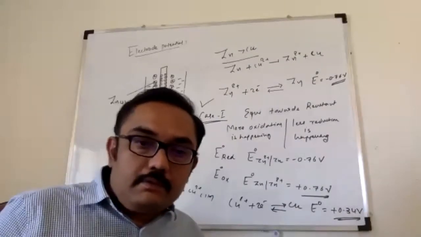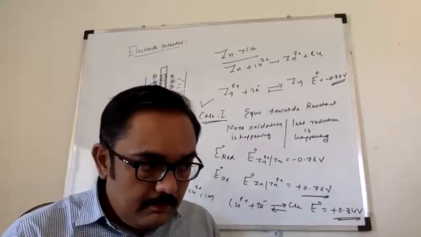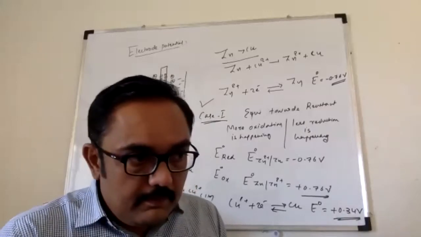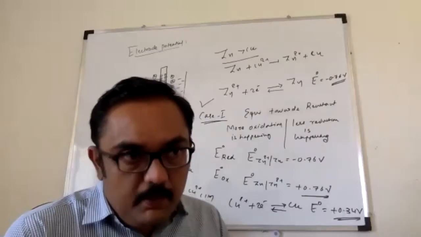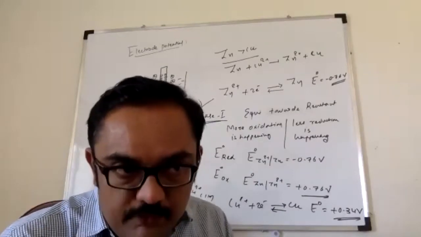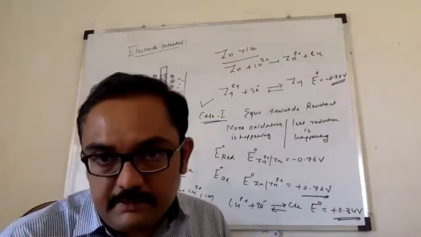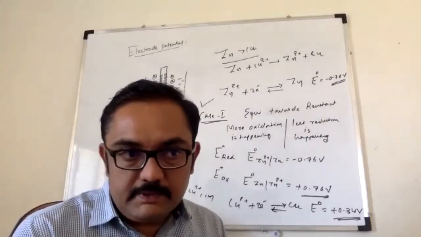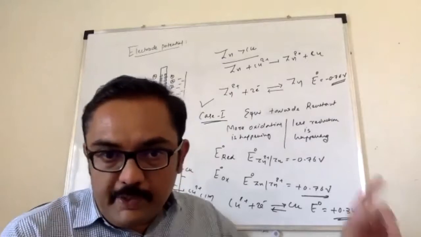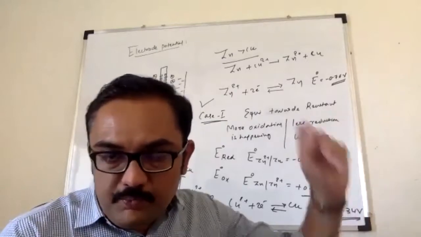The lower the electrode potential, the more reactive the metal and the better reducing agent it is. Good. The lower the reduction potential, more reactive metal, better reducing agent, poor oxidizing agent. Right? That was point number one. What was point number two?